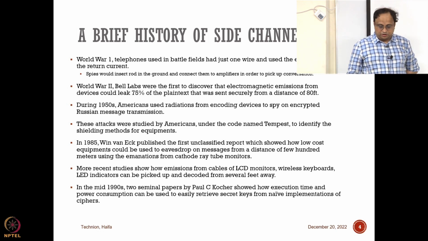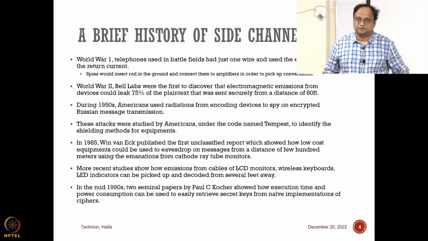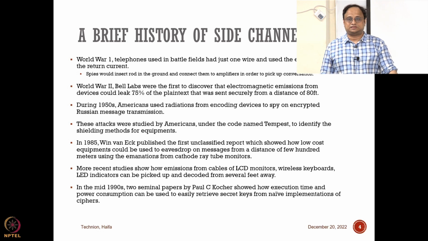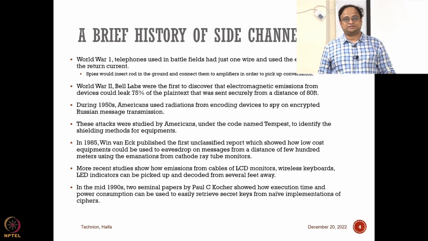But around the mid-90s, maybe 95, 96, there were two very seminal papers from Paul Kocher and collaborators, who came up with probably the first examples of side channels, which led to the academic study of this discourse.